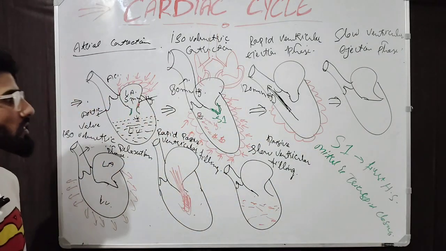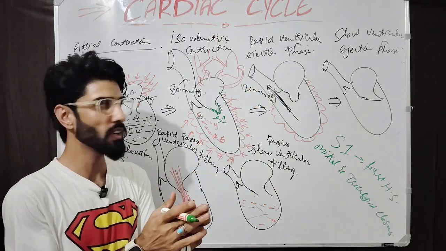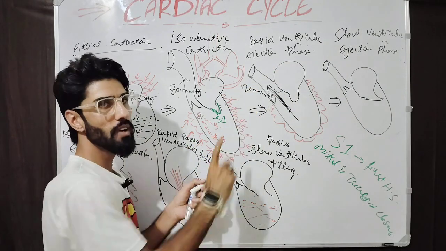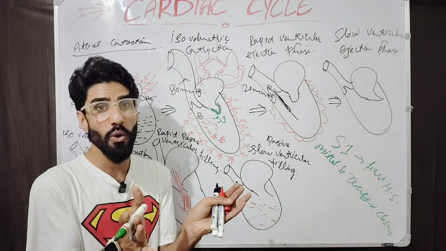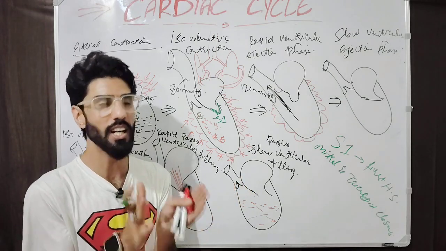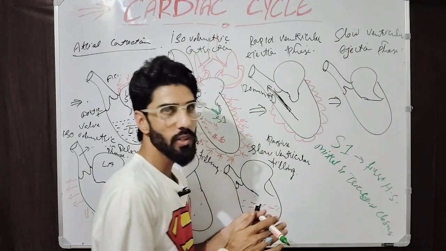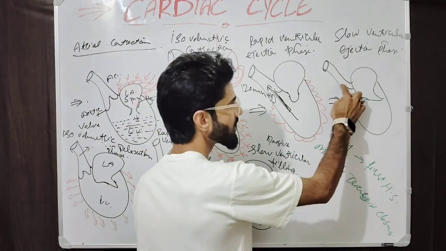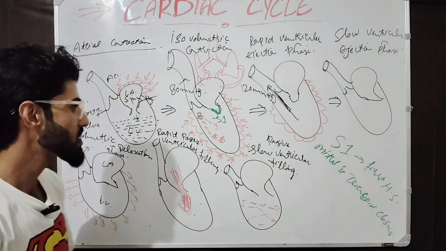Okay? Then we'll move to the next phase, the rapid ventricular ejection phase, during which the aortic valve will open. But during the opening of valves, I told you there will be no production of heart sound. During the slow ventricular ejection phase, the ventricles are ejecting blood with less force, so there will be no heart sound.